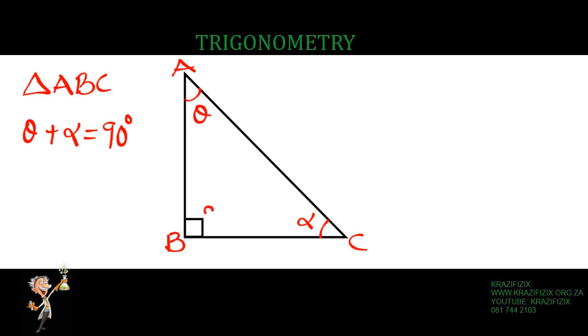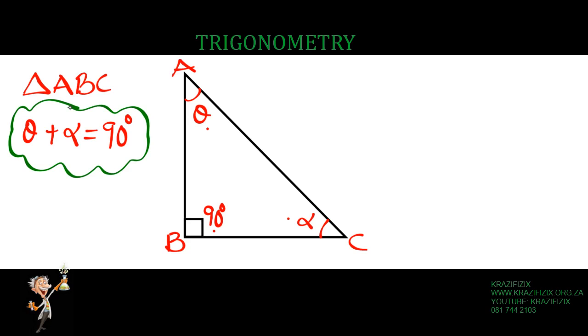We already know that this angle is 90 degrees, so 90 plus this and that should give us 180. And if that's the case, it means alpha plus theta should therefore be equal to 90 degrees.